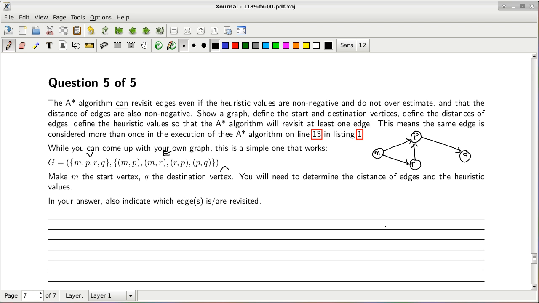Okay, so where do we start here? So the question is, which edge do you think is going to be revisited more than once?